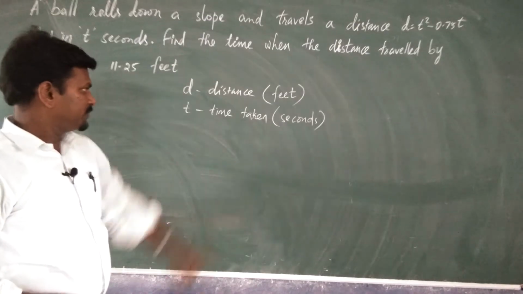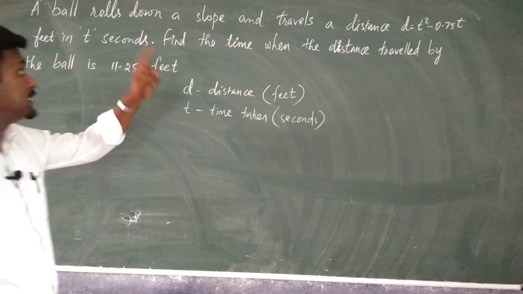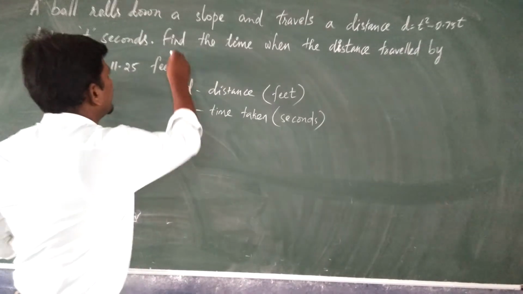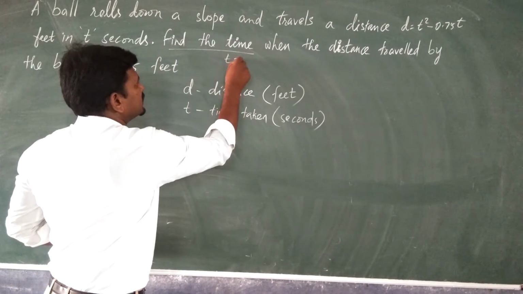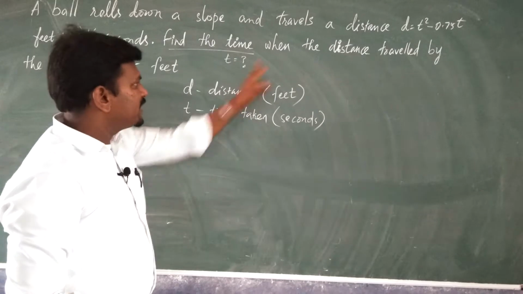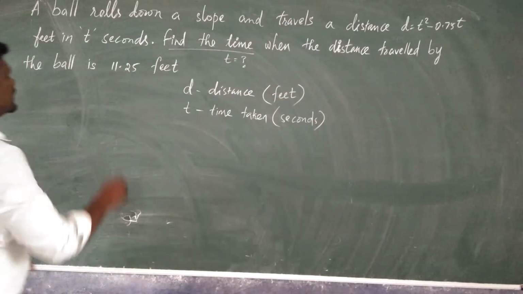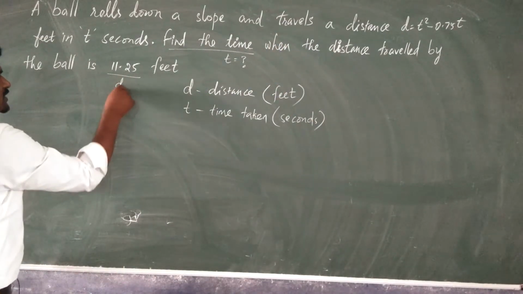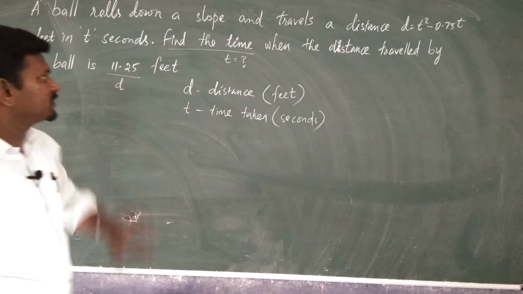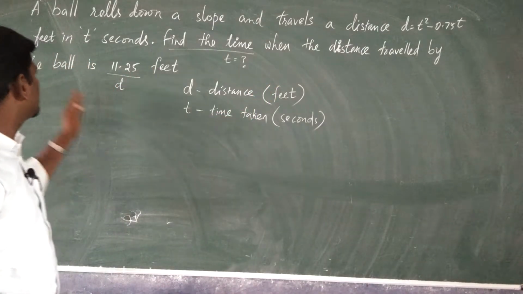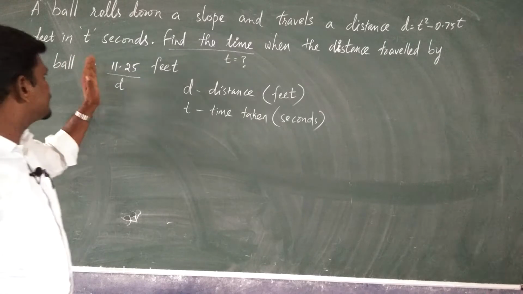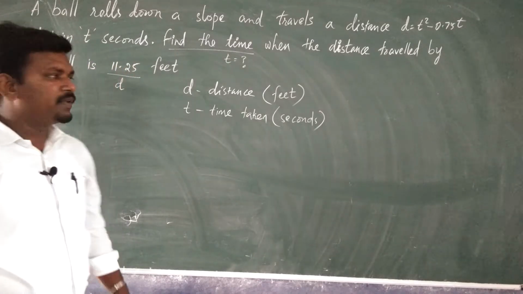We have to find the time t when the distance d is 11.25 feet, that is, when the distance traveled by the ball is 11.25 feet.